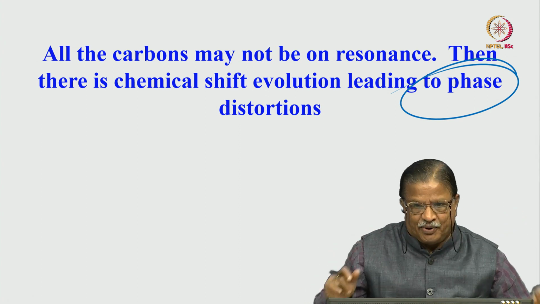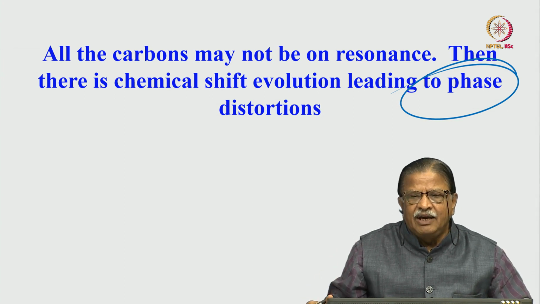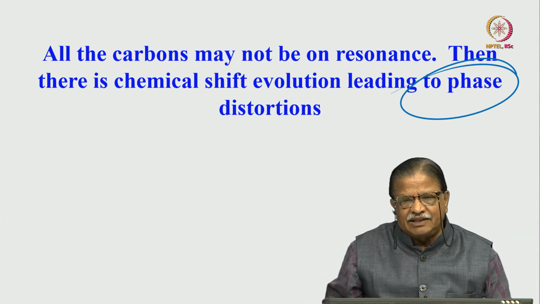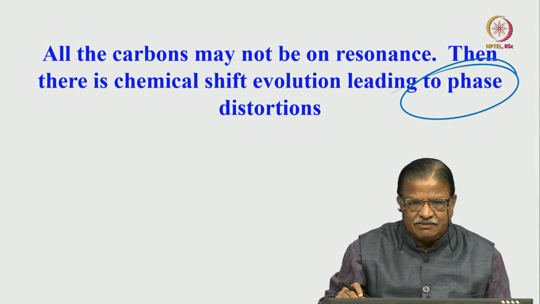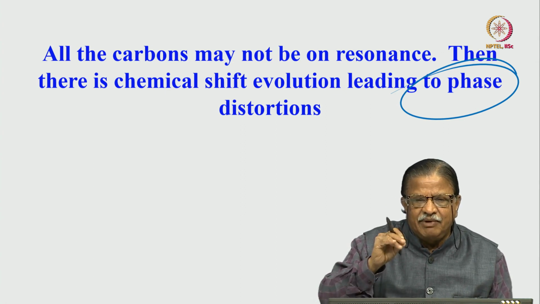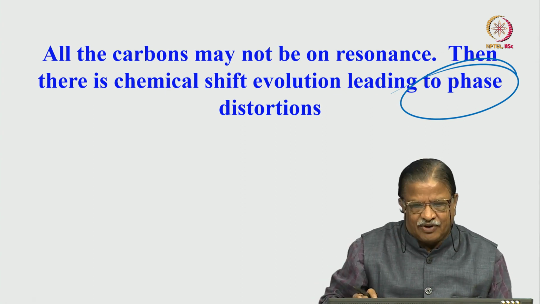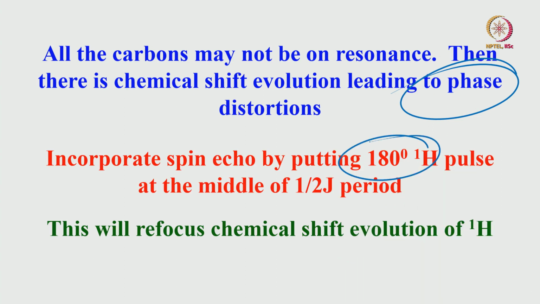Do a spin echo. When you do the spin echo, you refocus the chemical shifts: apply a 180 pulse at the center, creating a spin echo sequence. Then chemical shift evolution can be stopped, and we will be refocusing. That is one way. So what we do is put a 180 degree pulse in the middle of the 1 over 2J period.